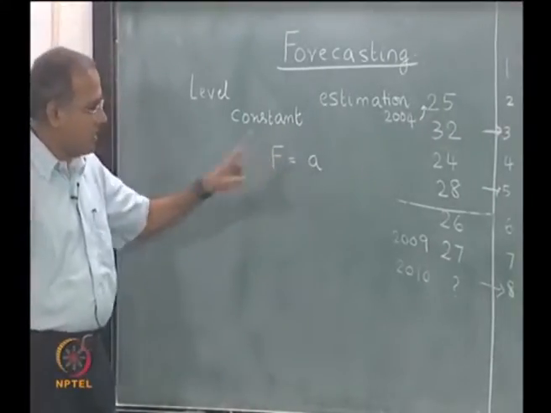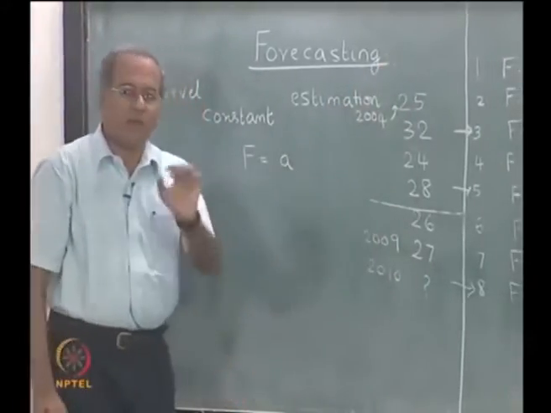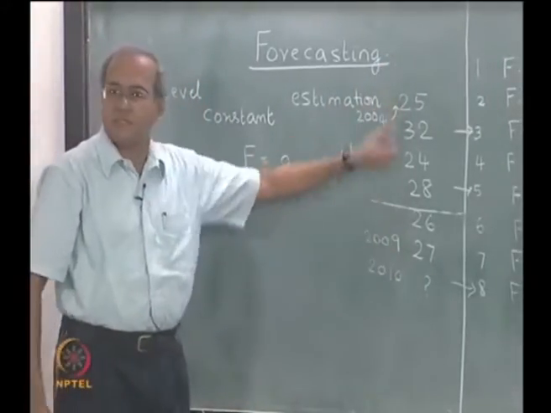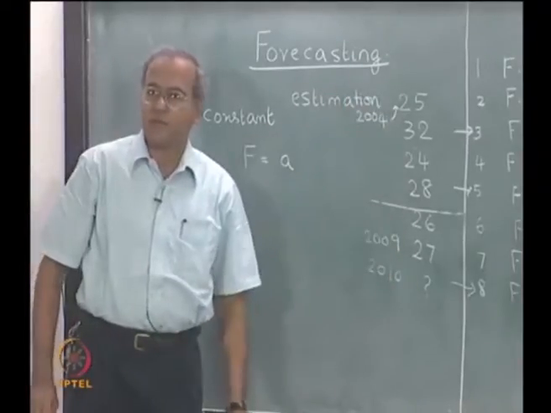But then we also understand that if this were to represent a constant, then why do we have these variations in these values and not the same constant that comes as a forecast?